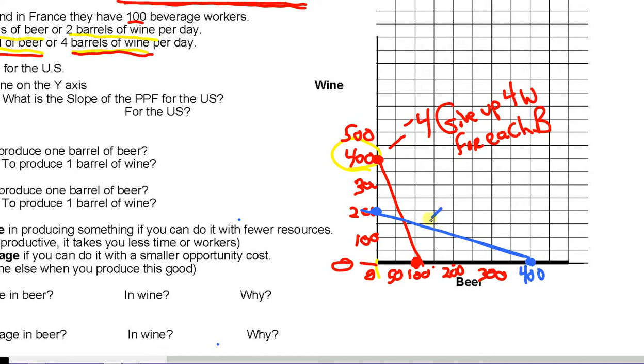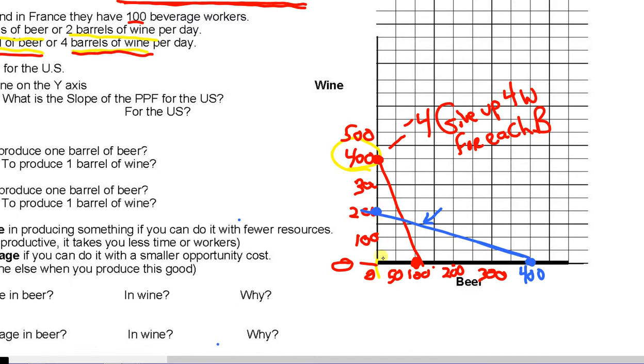What's their opportunity cost if they want another beer? Well, the slope of this line is -1/2. Now, how do I know that? Well, between these 2 blue points, the rise is -200, the run is 400, and slope is rise over run, so 200 over 400 is 1/2.